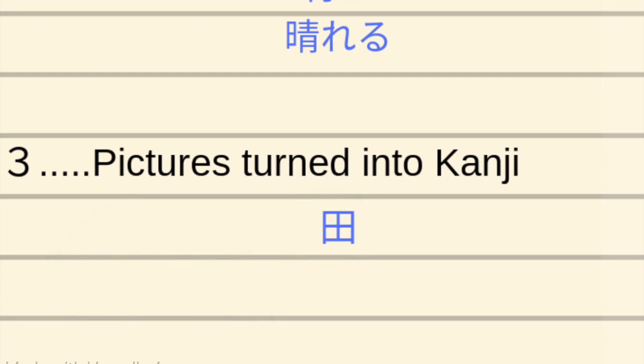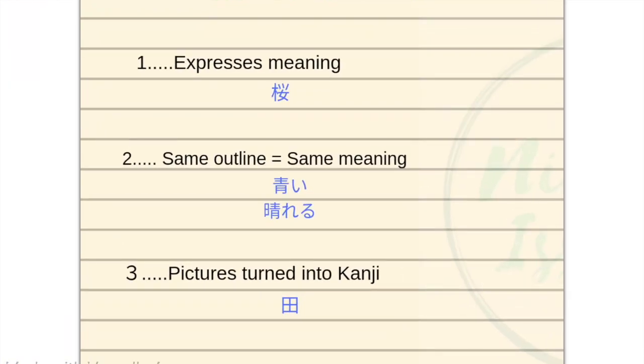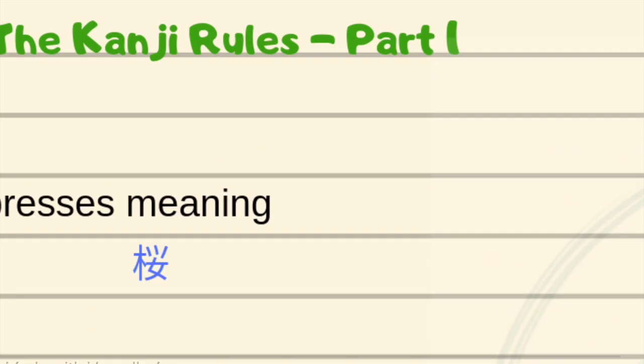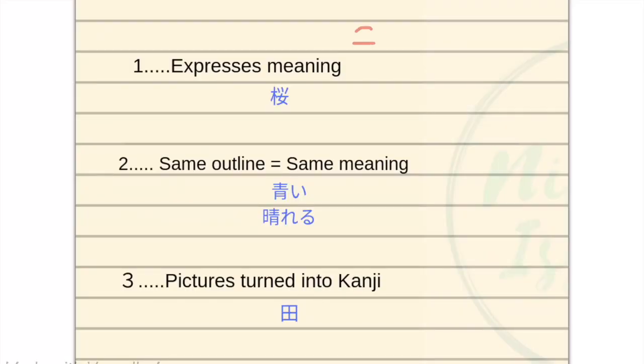Now let us have a look at some more examples for all these three rules. For the first part, kanji expresses meaning, let us have a look at the kanji called kotoba. Kotoba means words, and the kanji for kotoba is this.